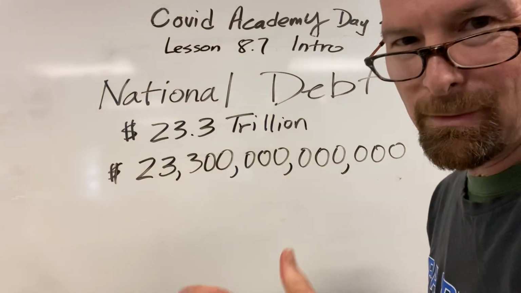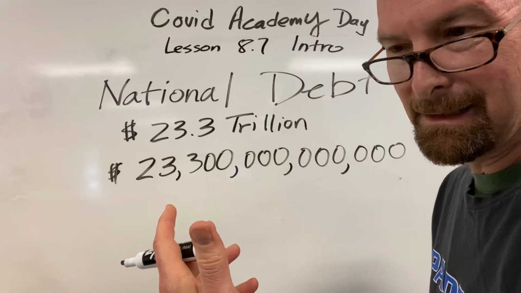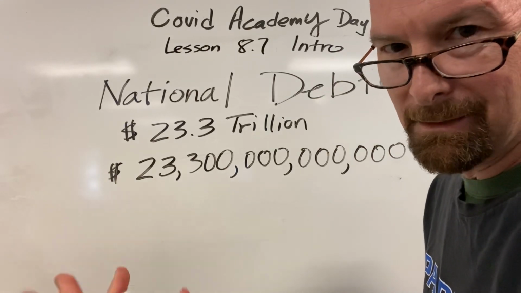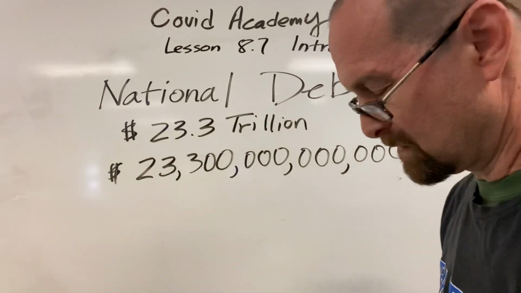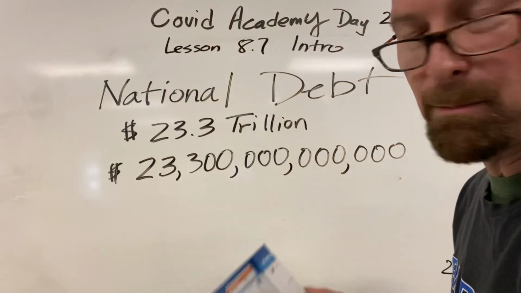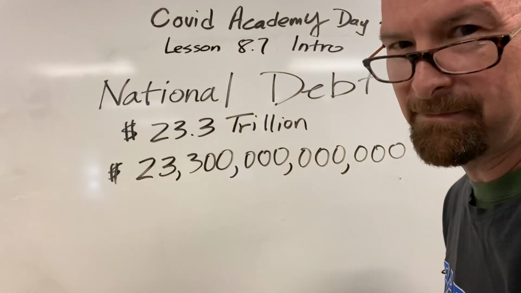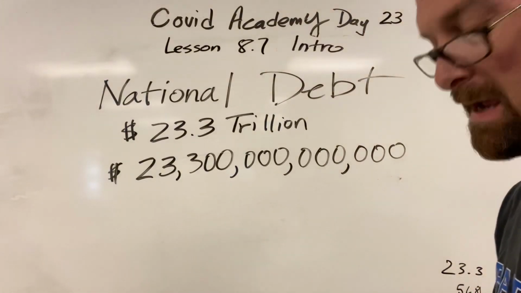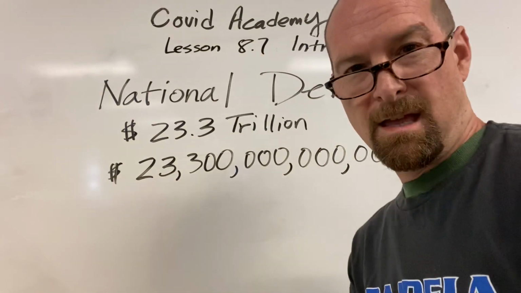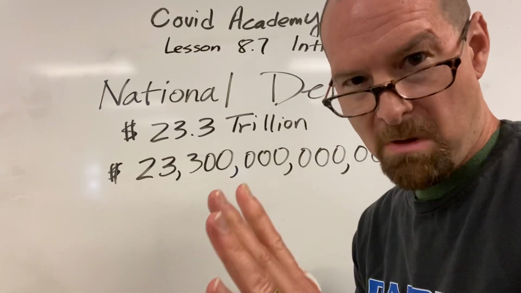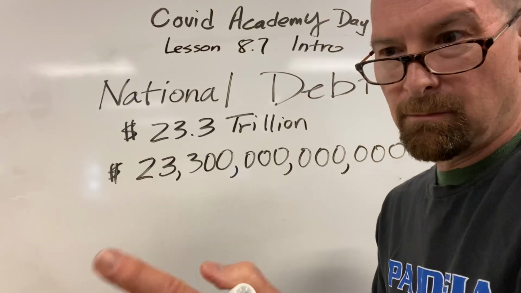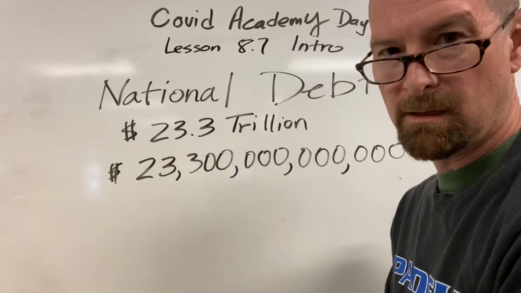Okay. So record the hourly wage. Last time we were doing things with UPS drivers and $18 an hour or something like that. No. For the purposes of this lesson, because you're going to be figuring out how long it would take somebody to pay off this debt, I looked up how much an average American lawyer, so this is a highly educated, highly paid profession, gets paid.